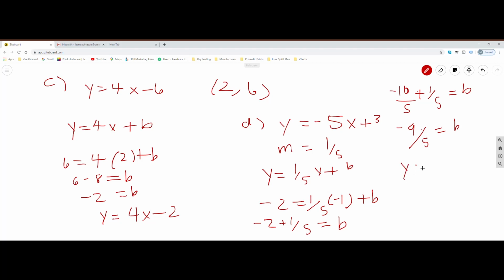Y equals 1 over 5x minus 9 over 5. So multiply the whole equation by 5. 5y equals x minus 9. Let's look at E.